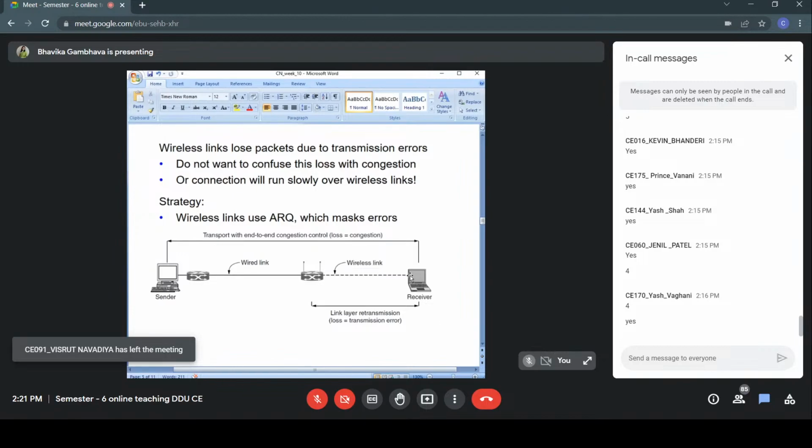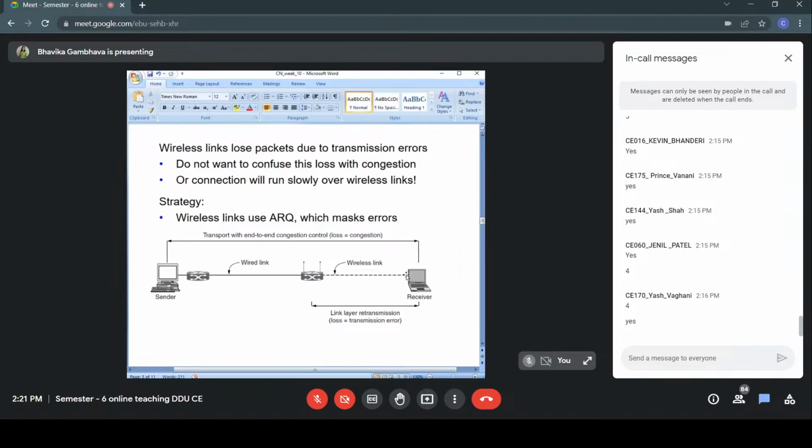So what is the advantage? Without hampering the data rate at the transmitter, we are able to maintain the speed, and the base station will be attempting retransmission locally in the wireless link and data will be delivered. Efficiency will not be compromised. In the normal scenario, if it was not done, what will happen? The sender will be sending data to the receiver. If the receiver receives that, it will send the acknowledgement.